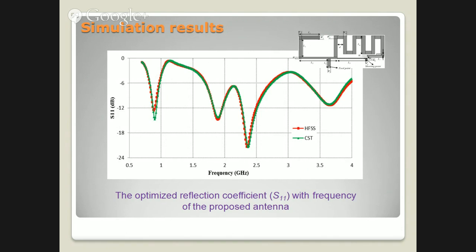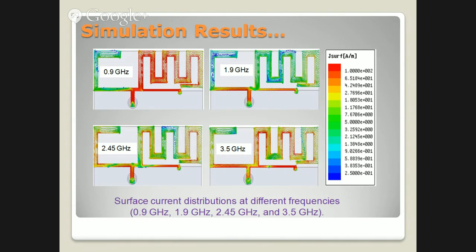Suppose this band is 1900 megahertz to 2760 megahertz, and this is also the WiMAX frequency band. This is the current distribution, the surface current distribution for different frequencies, like 0.9 gigahertz.